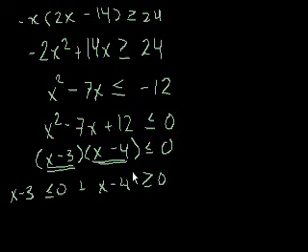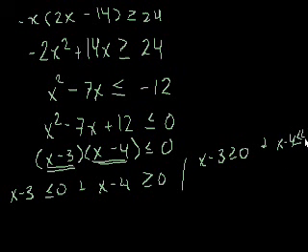So that's one case. And the other case is x minus 3 is greater than or equal to 0, which means x minus 3 is positive, and x minus 4 is less than or equal to 0. So let's solve this, and hopefully it'll simplify more. This just says x is less than or equal to 3, and this says x is greater than or equal to 4.